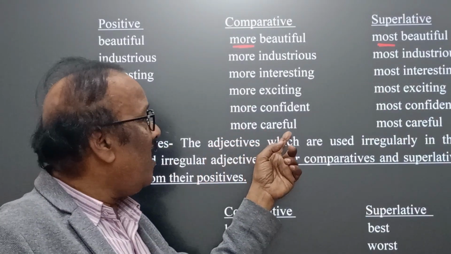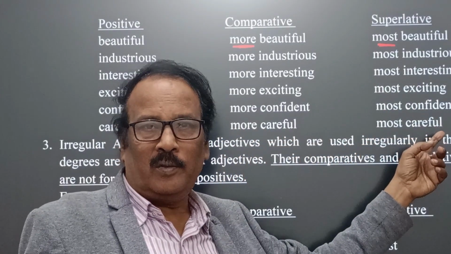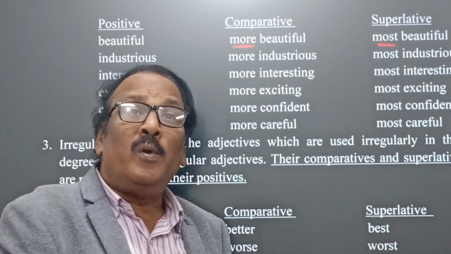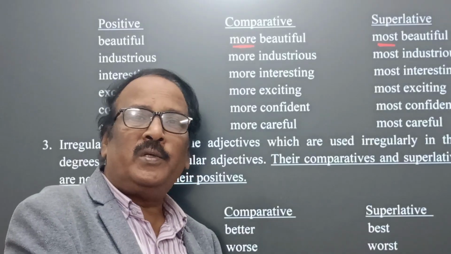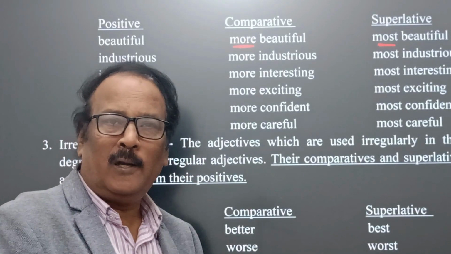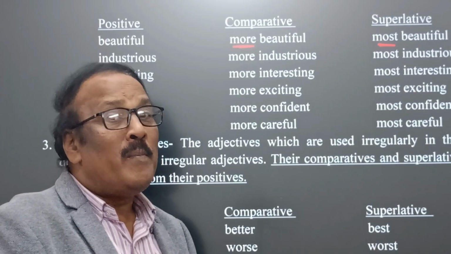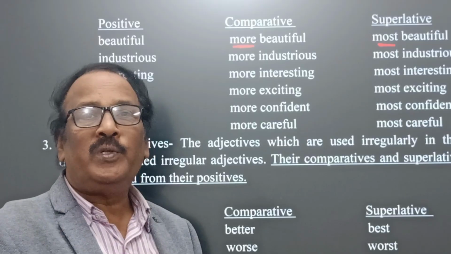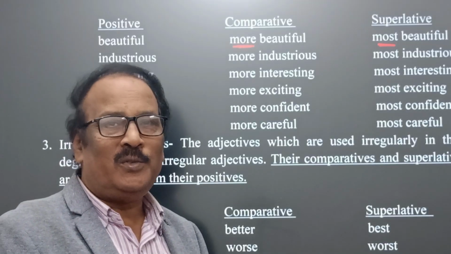Careful, more careful, most careful. Okay, so here we find that whenever we have two syllabic words or more than two syllabic words, definitely in a comparative degree more and in a superlative degree most is usually used.